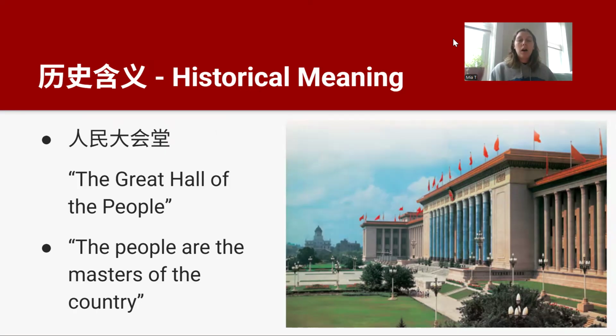So people all coming together to write the laws, and it acts as that main government building. It also is a very renowned and beautiful structure, and is very important to Chinese history, and very cool to be able to see and read.